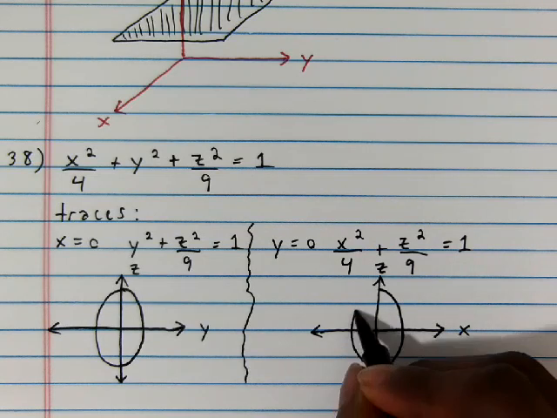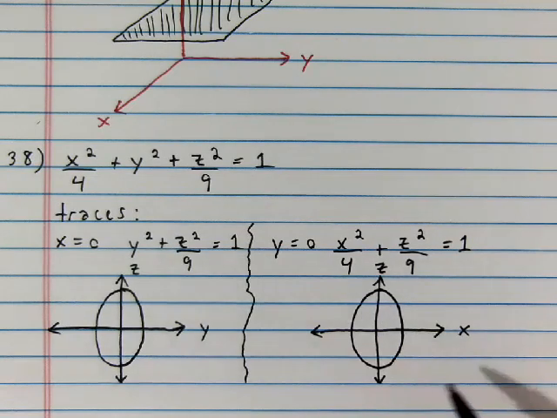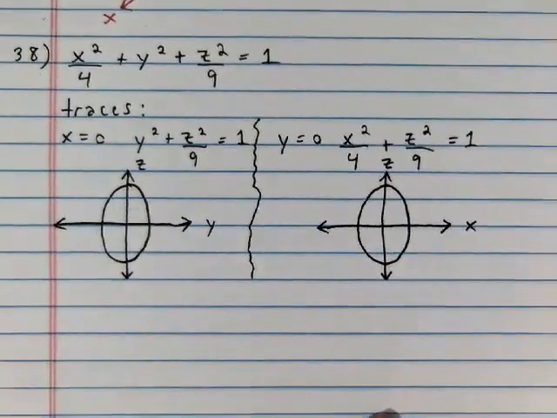And of course, it actually should look different than that one, but we're just trying to get an idea of the shape. We don't need the specifics of it. These are ellipses.